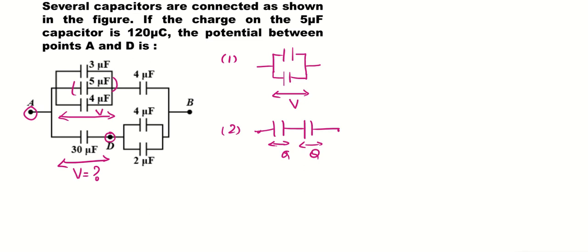So let's first find out that. For that, we are going to use the clue given in the question, that is, the charge stored in 5 microfarad is 120 microcoulomb. We know C equals Q by V. So what we want is voltage across 5 microfarad.